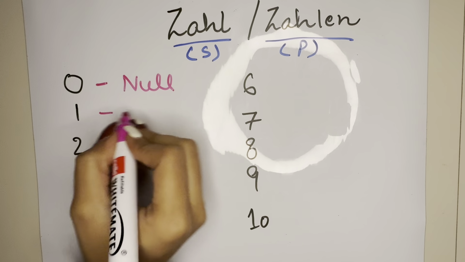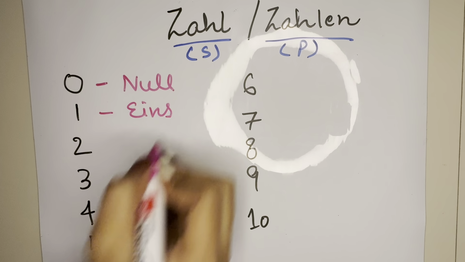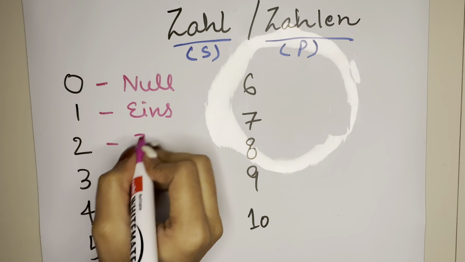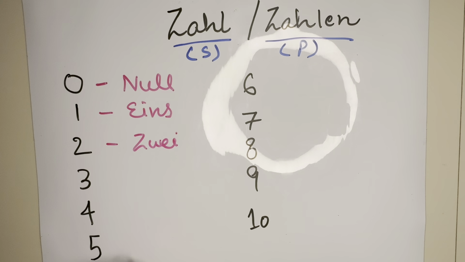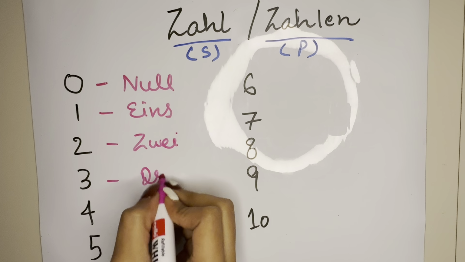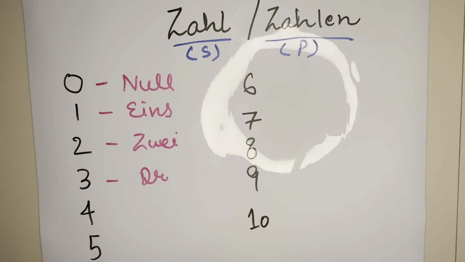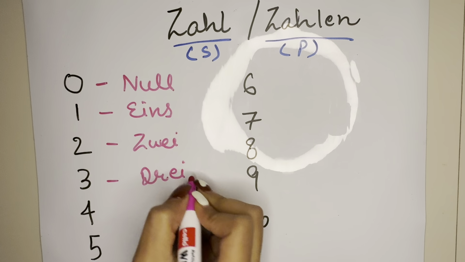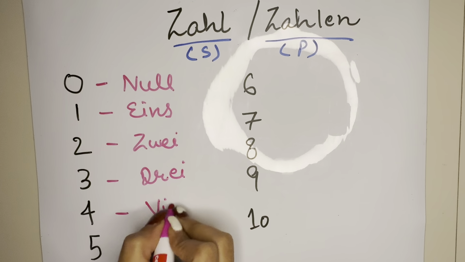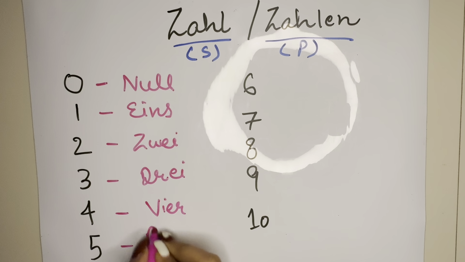Then we have eins, zwei, drei, vier, fünf. Now this u has an umlaut above it.